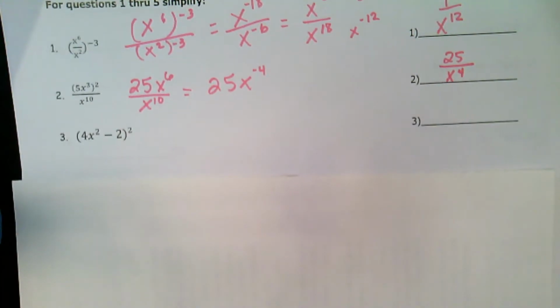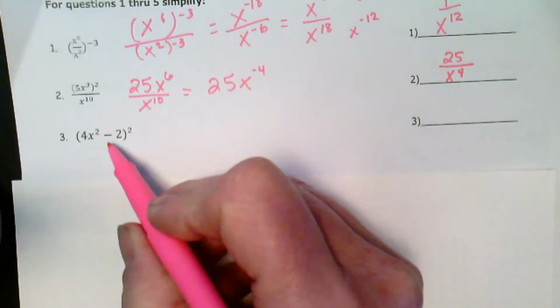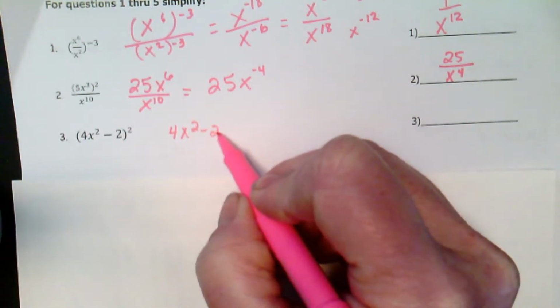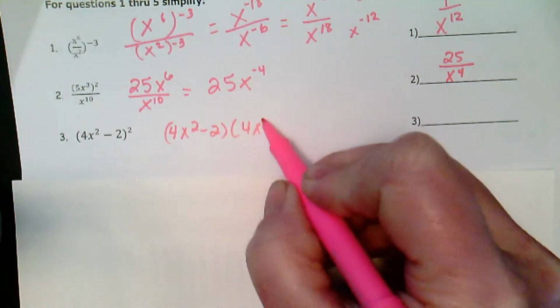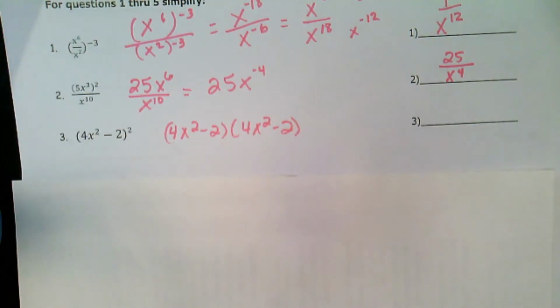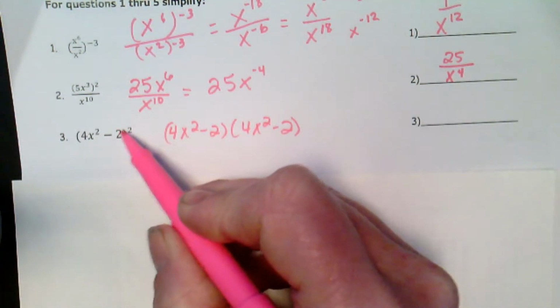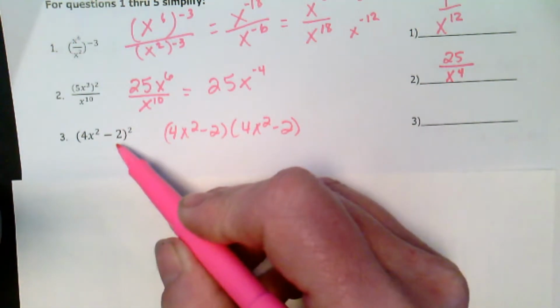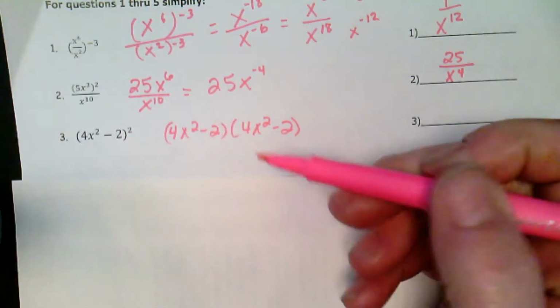Right, number 3. This whole polynomial is being squared. If you remember, that means you're just going to multiply it together. Do not square this and then square this and put it together when it is more than one term. That doesn't work.